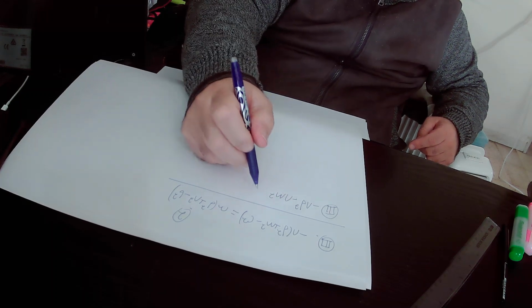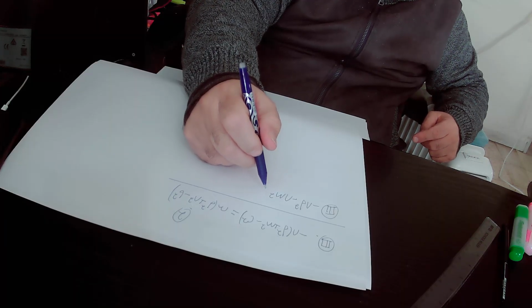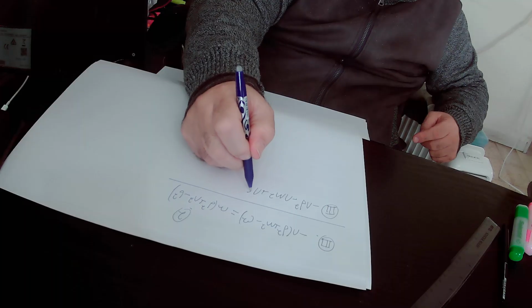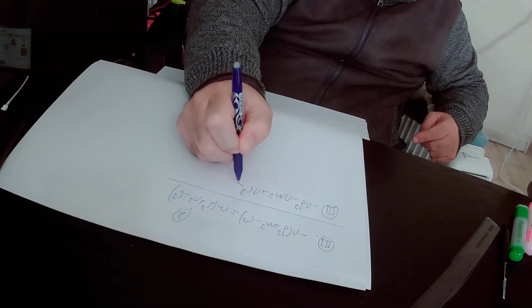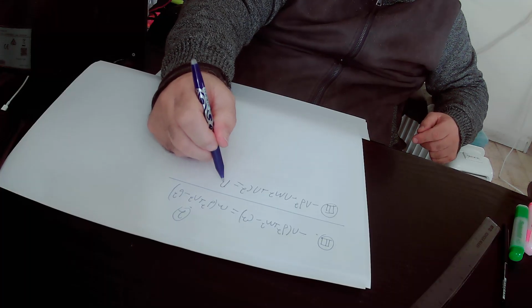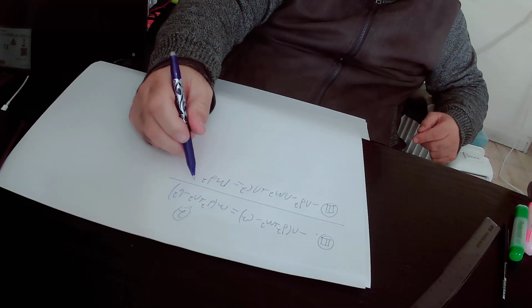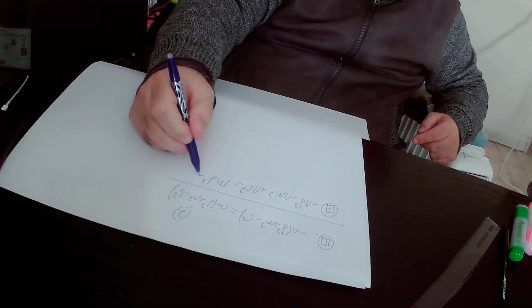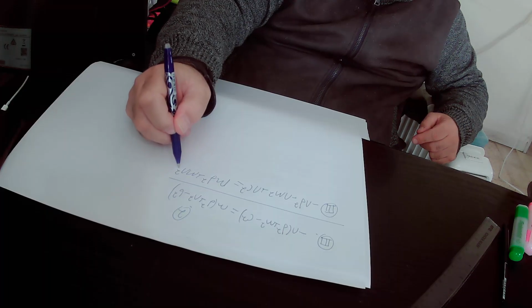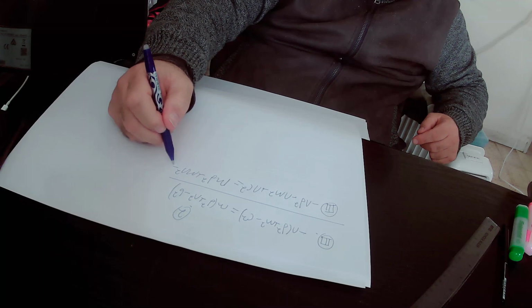And finally, minus n times minus c squared is plus nc squared. Why? Because minus times minus is plus. And it equals m times d squared is md squared plus m times n squared is mn squared. M times minus b squared is minus mb squared.